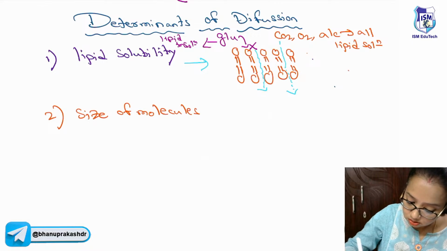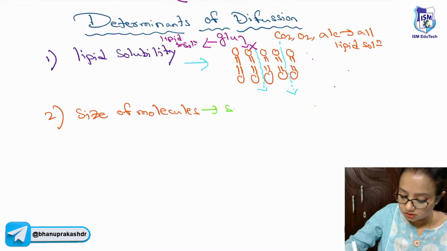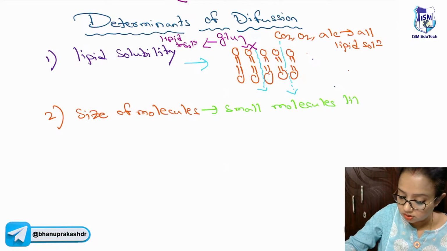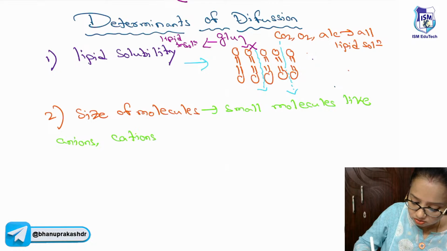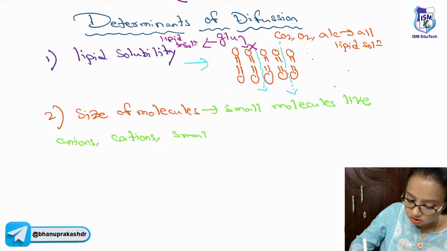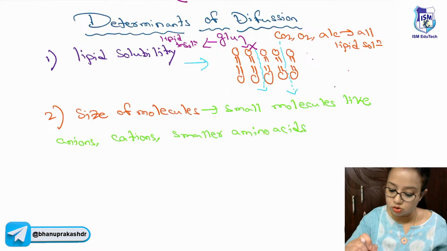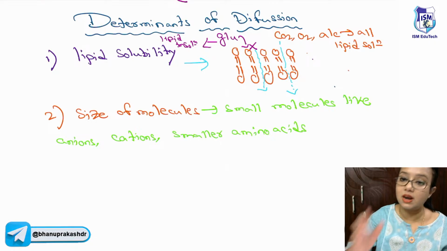Substances or molecules which are small, like the anions, cations, or even smaller amino acids, because they are so small in structure, whether they are lipid soluble or not hardly matters.